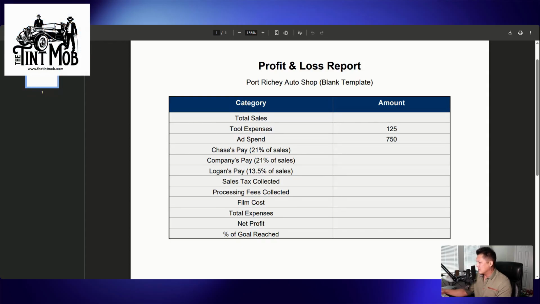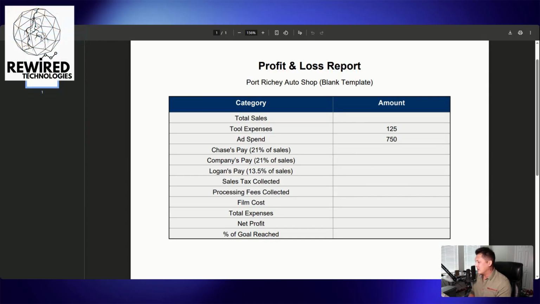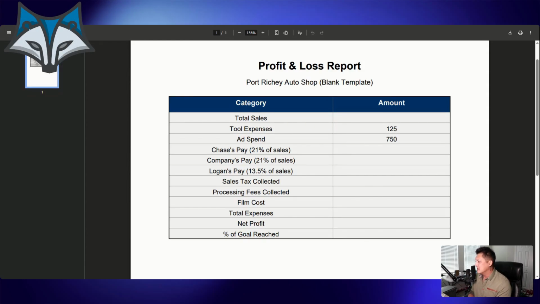Where it says Logan's Pay, you might say rent, and rent would end up being a fixed cost. With this particular situation, I end up paying the shop owner a percentage of the sales. Sometimes it's really good and sometimes it isn't. It just depends.